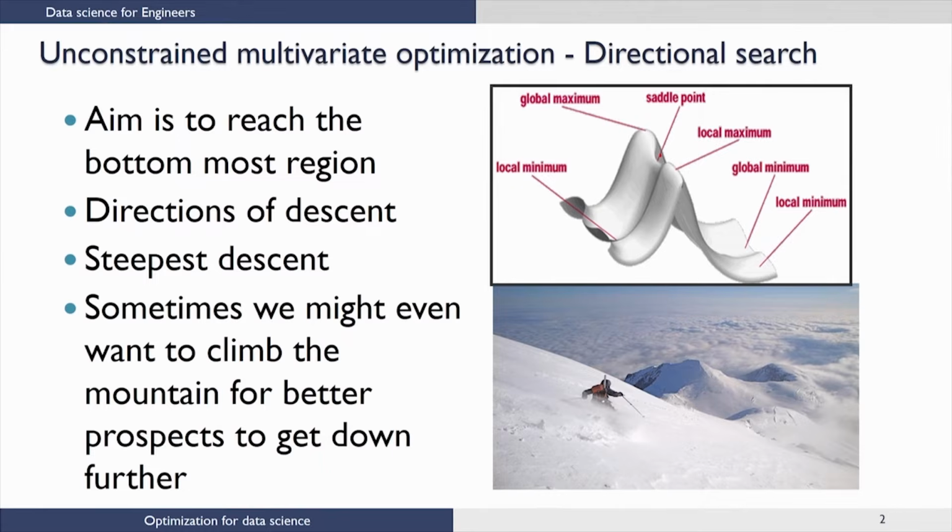In unconstrained multivariate optimization problems, we are going to solve these using what we call directional search. The idea here is the following.